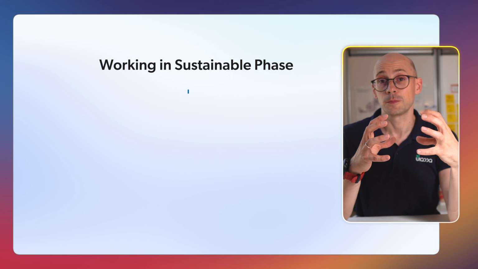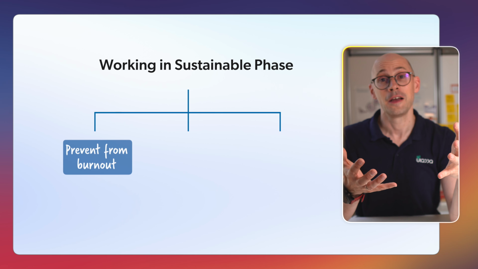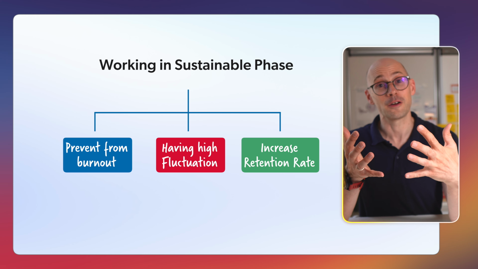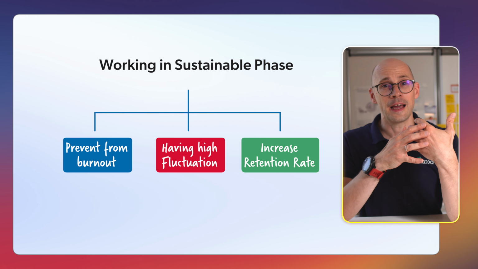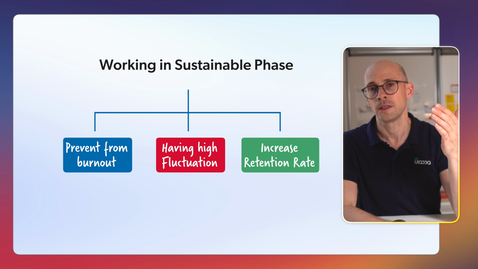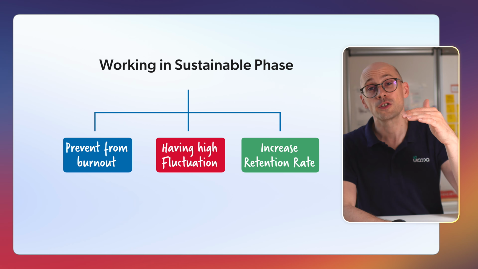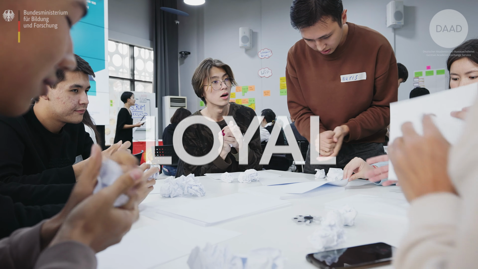Having a sustainable pace helps a lot with the topic of burnout and high fluctuation, and the retention rate should go up. People stay much longer in your team because they feel loyal, they feel valued, and they can work at a sustainable pace in an environment where they create high value for the team and the organization.